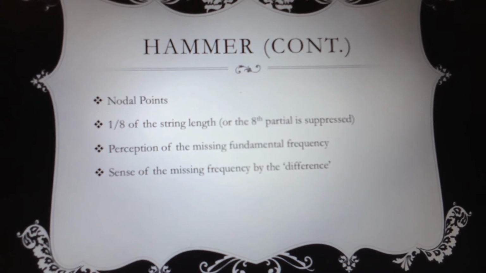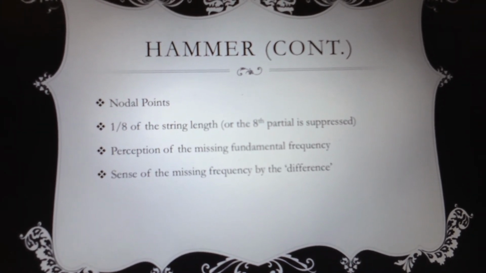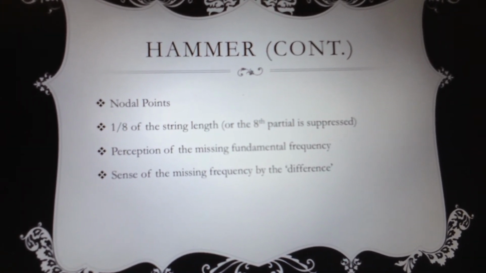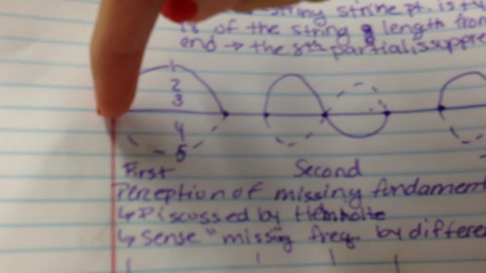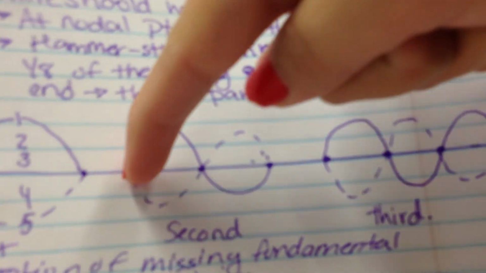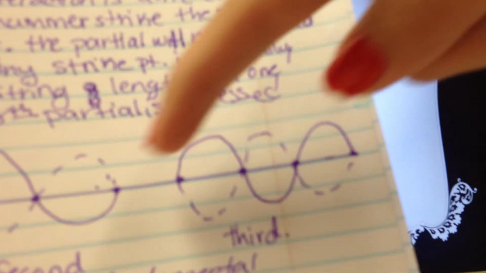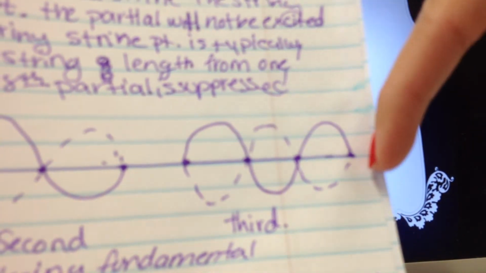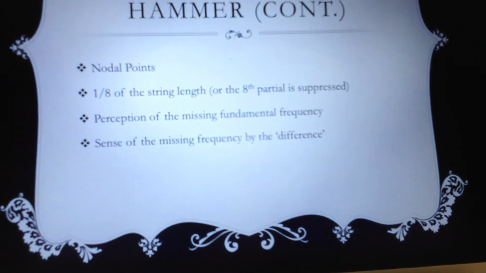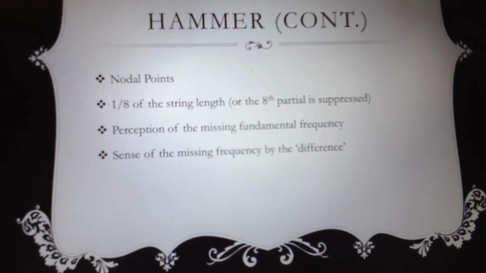This means that the 8th partial is suppressed. If you look here, I have a small graph. This is where all of them are represented, and then you have 3 nodals, and then here's 4. So this is the third loop. That's what we're talking about when we say partials.